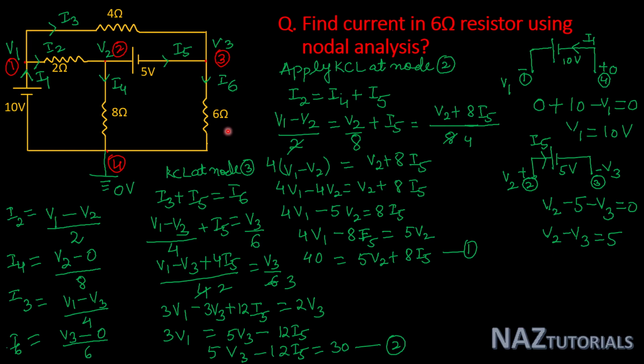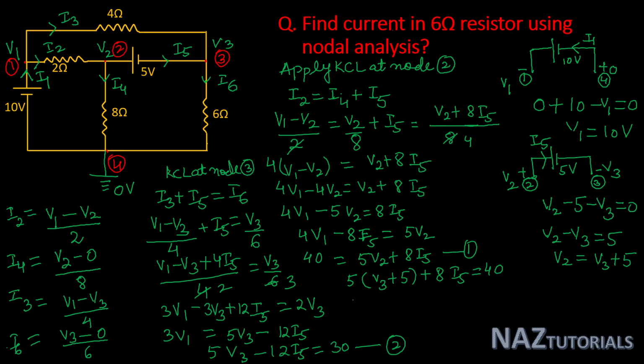For getting the 6 ohm resistance, we put the value of V2 in terms of V3. The value of V2 is equal to V3 plus 5. So put the value of V2: this is V3 plus 5 plus 8I5 is equal to 40.